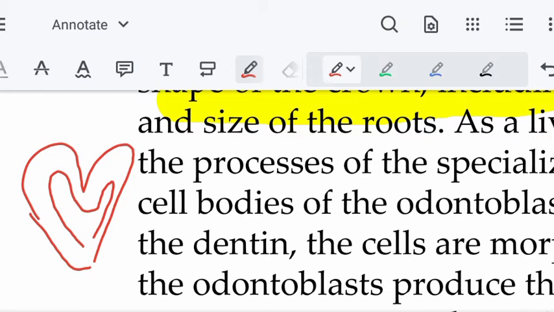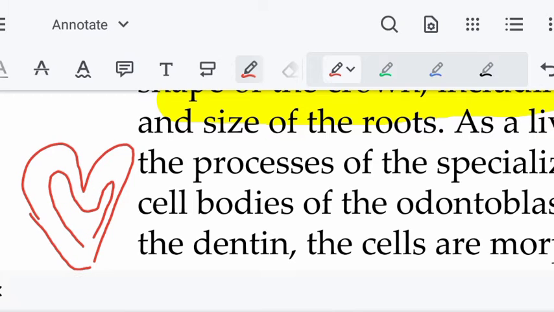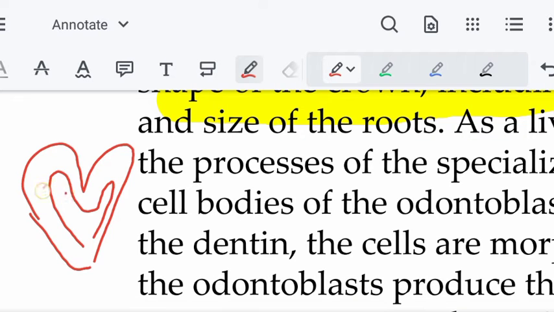So the odontoblasts are present here, along the surface of the pulp. Okay, like this.